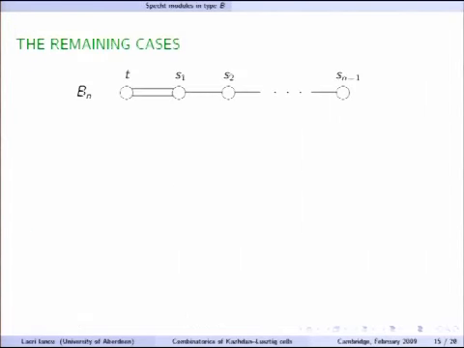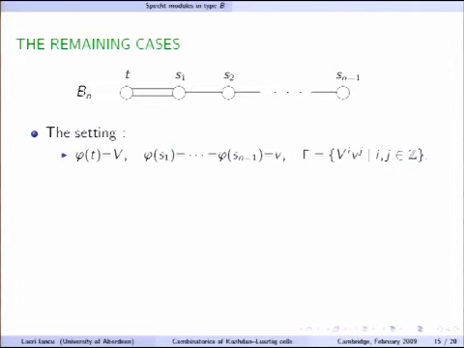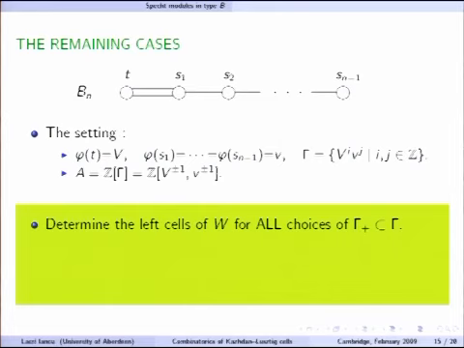So what are the remaining cases in type B? Well, the setting is similar. The parameter corresponding to the first generator is denoted by capital V, the other by small v. This would be gamma. This would be A. Well, I have to make choices.